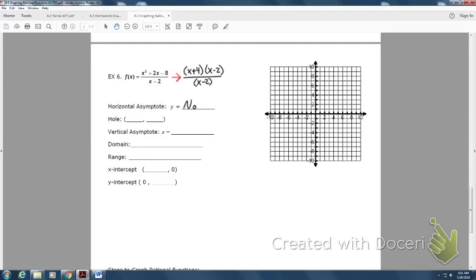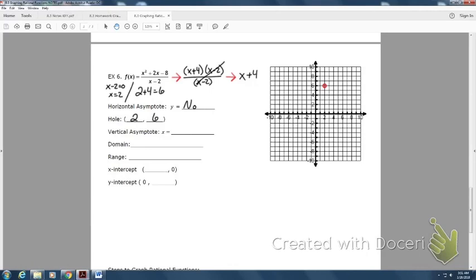There it is, factored. I'm going to have a hole at 2, 6.